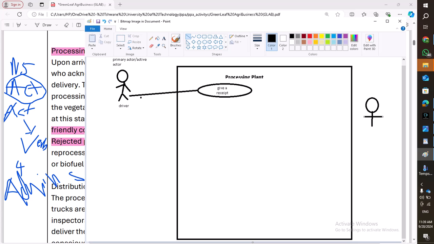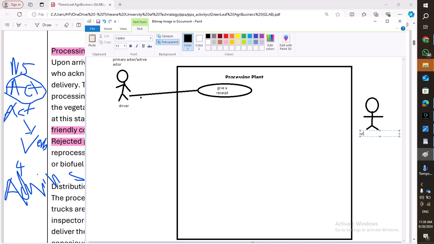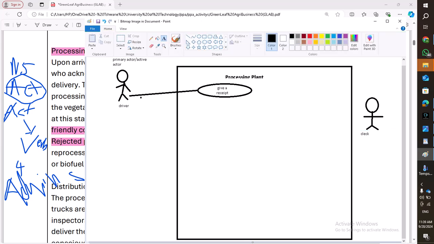Okay, this one is my secondary actor, which is my clerk. The clerk is the administrator. What does the clerk do?